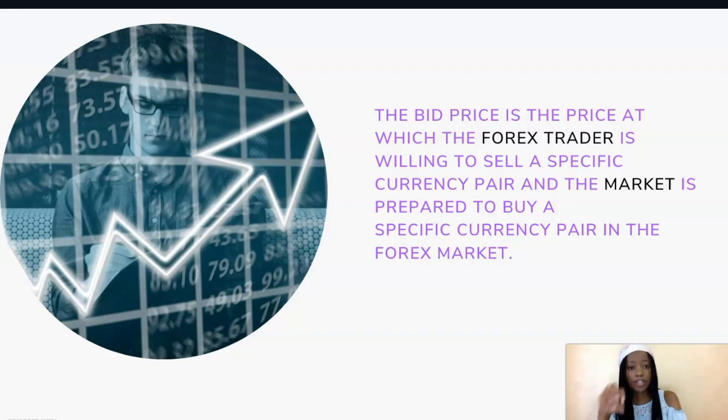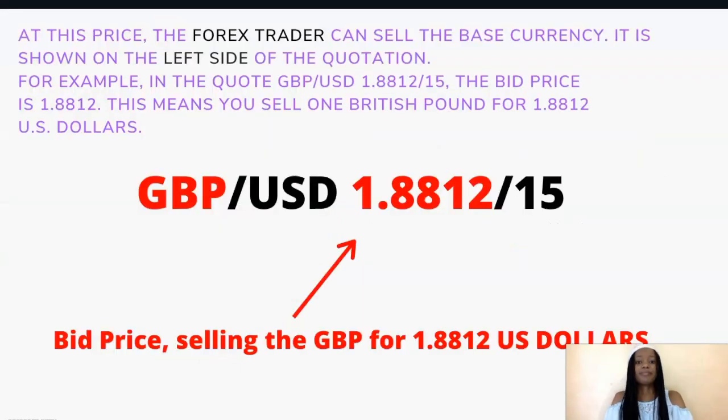So when you're talking about a bid price, if you're talking about the Forex trader, it's the price at which the Forex trader is willing to sell. If you're talking about the market, it's the price at which the market is prepared to buy the specific currency. I hope that's clear. So at this bid price, the Forex trader can sell the base currency.